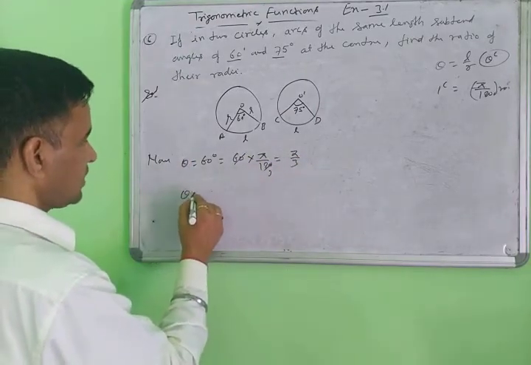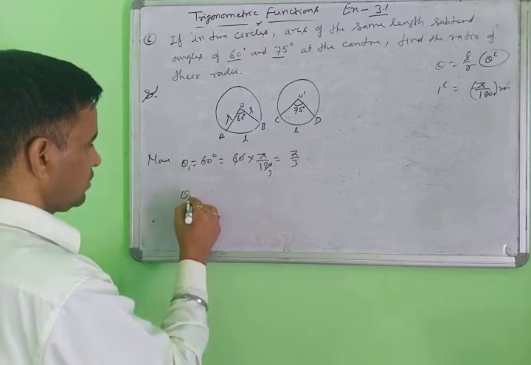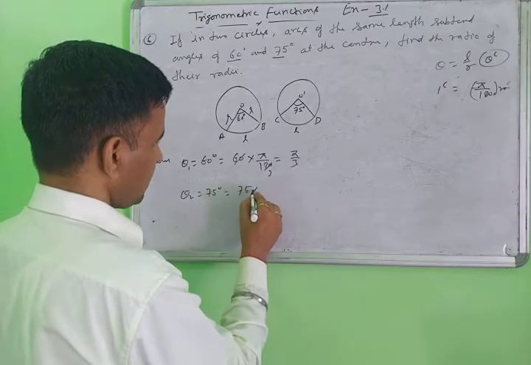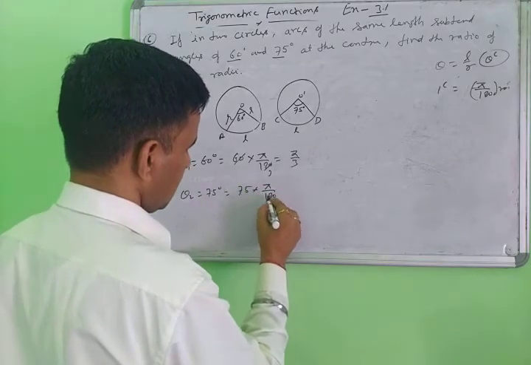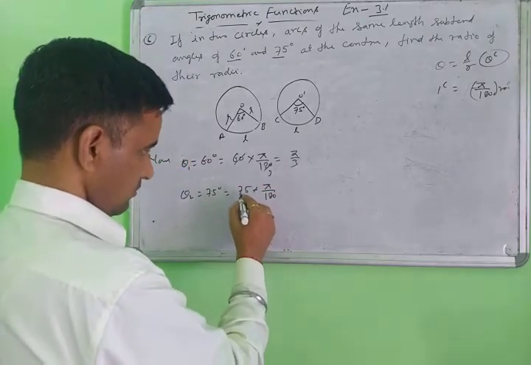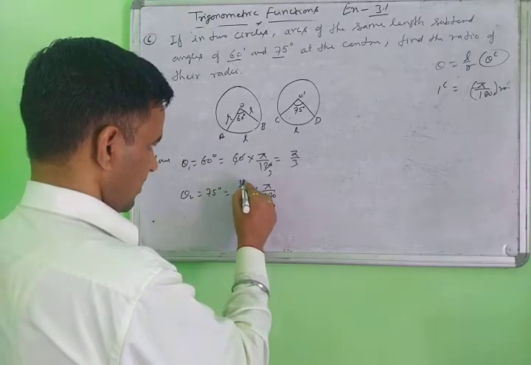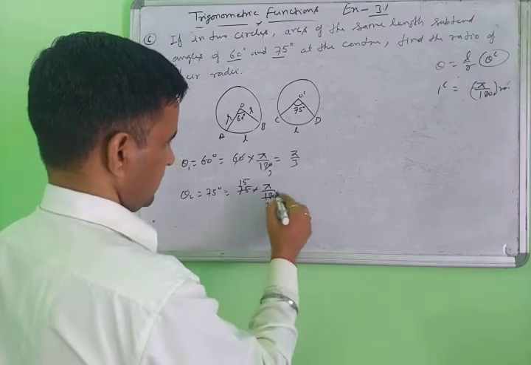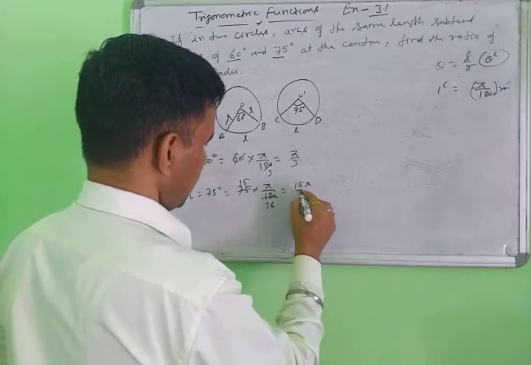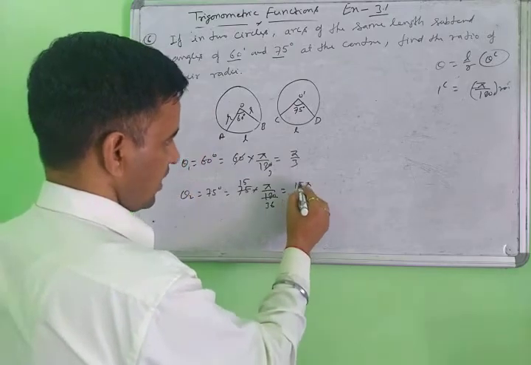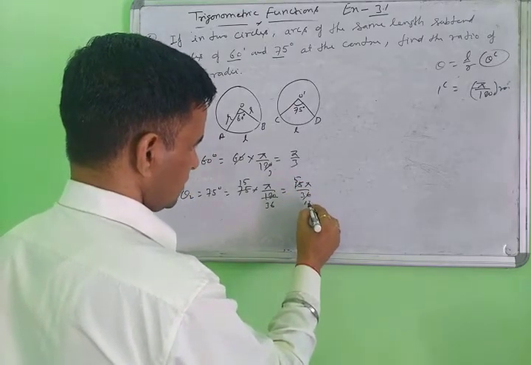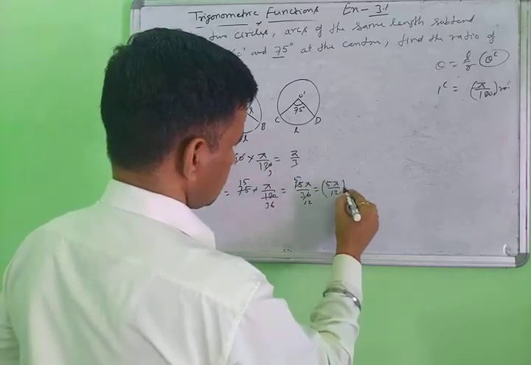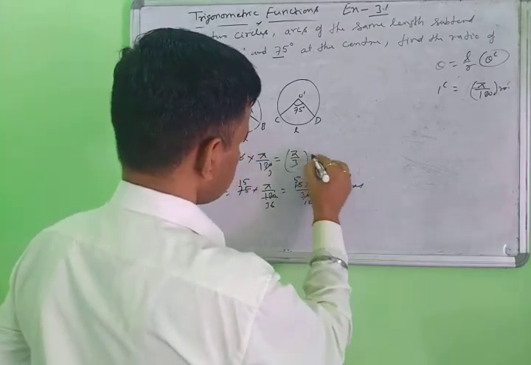Next theta 2 is 75 degrees. 75 into pi upon 180 comes to 15 pi by 36, which simplifies to 5 pi upon 12. This is radian. This is also radian.